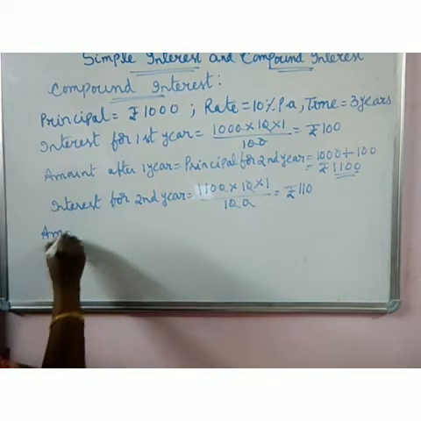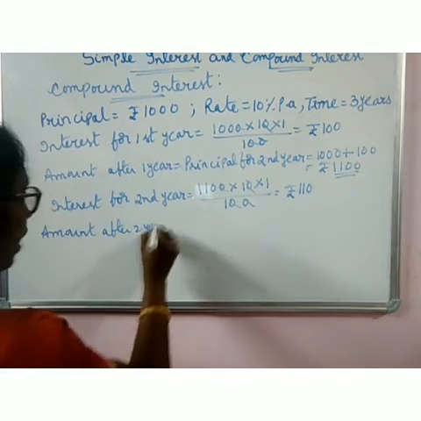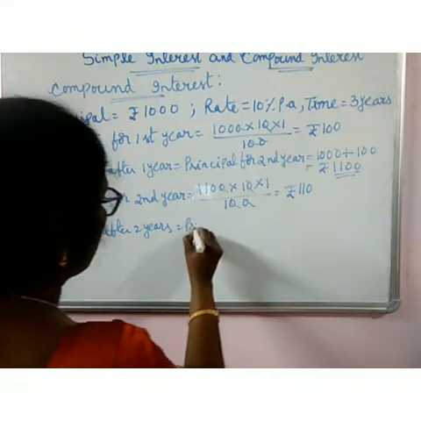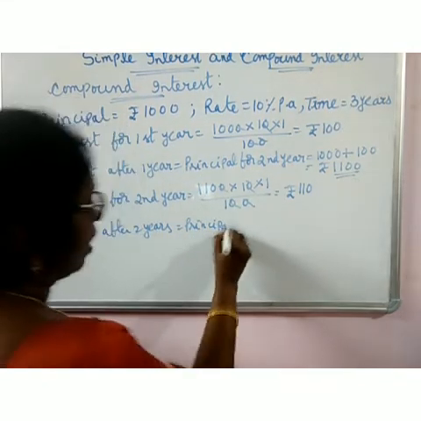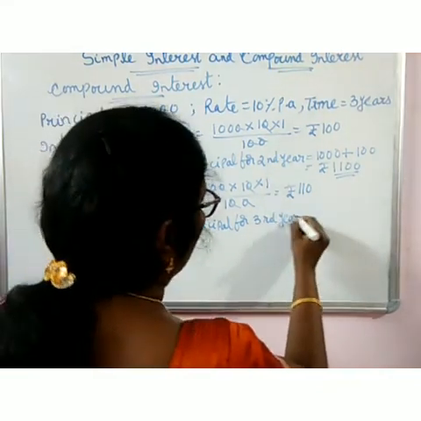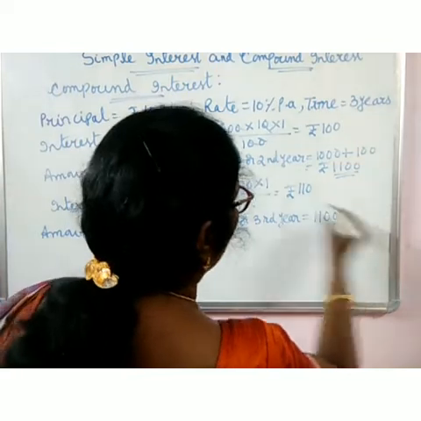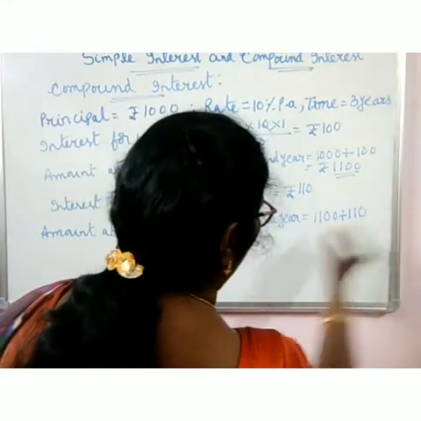So amount after second year, or amount after 2 years, will be the principal for the third year. That is, principal for second year is 1100 rupees. Interest for second year is 110.